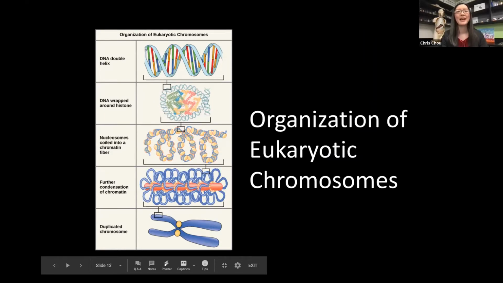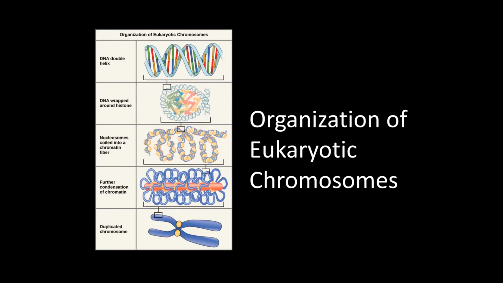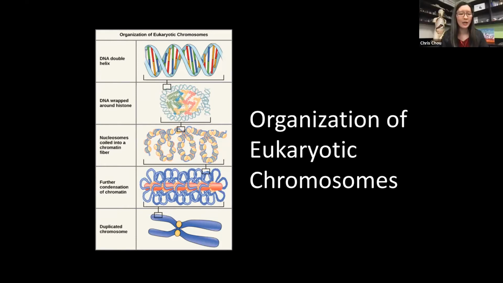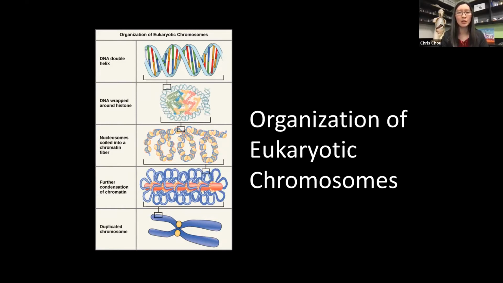Going back here, this graphic shows the organization of eukaryotic chromosomes, and you can tell that it's eukaryotic in that bottom picture because it's a linear molecule. We're zoomed in at the very top with the DNA double helix, as we're used to seeing, with the individual nucleotides shown with the base pairing.